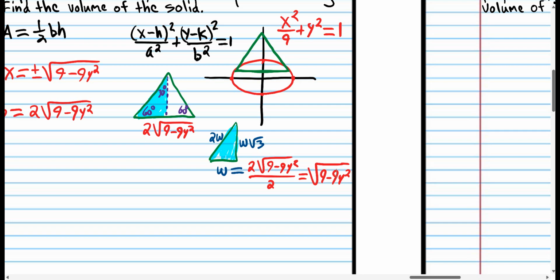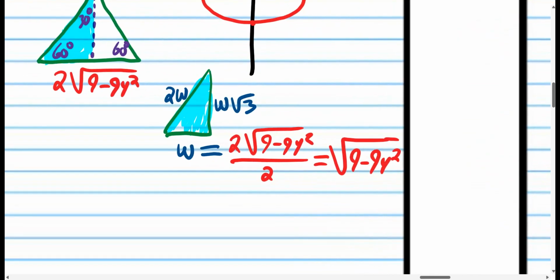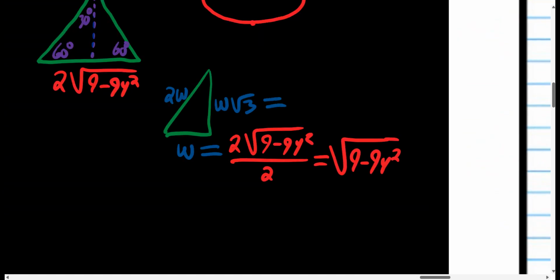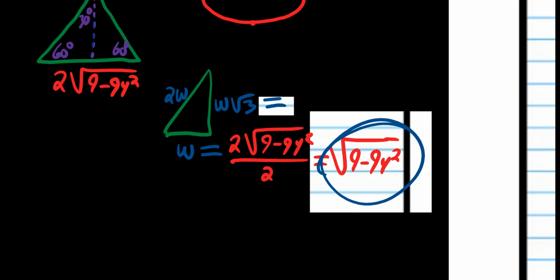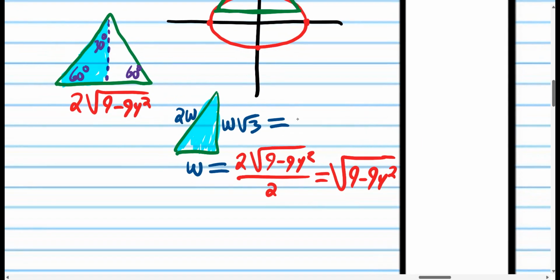And the height of the triangle, well, that's going to be W, which is the expression we just found, times root 3.